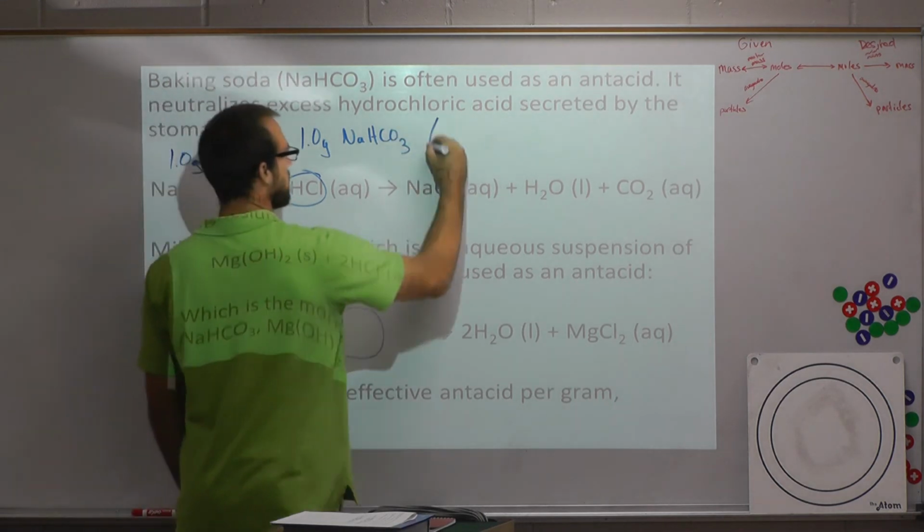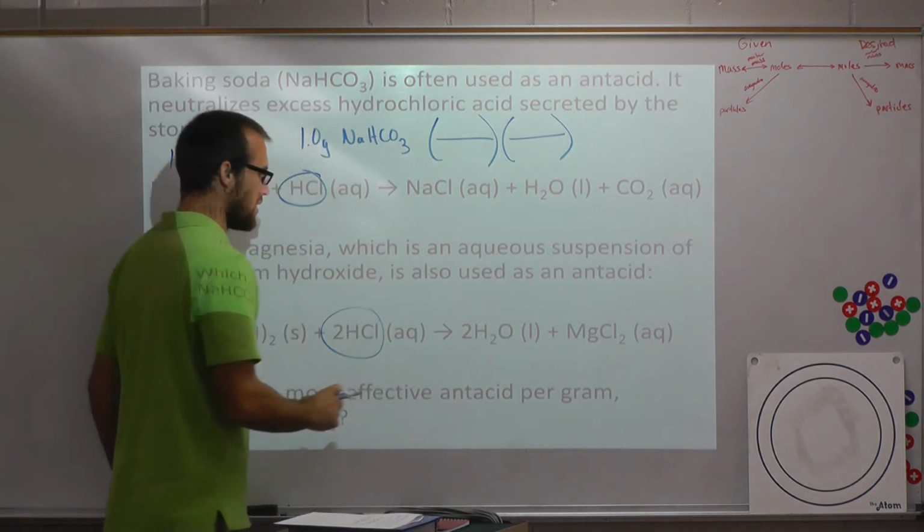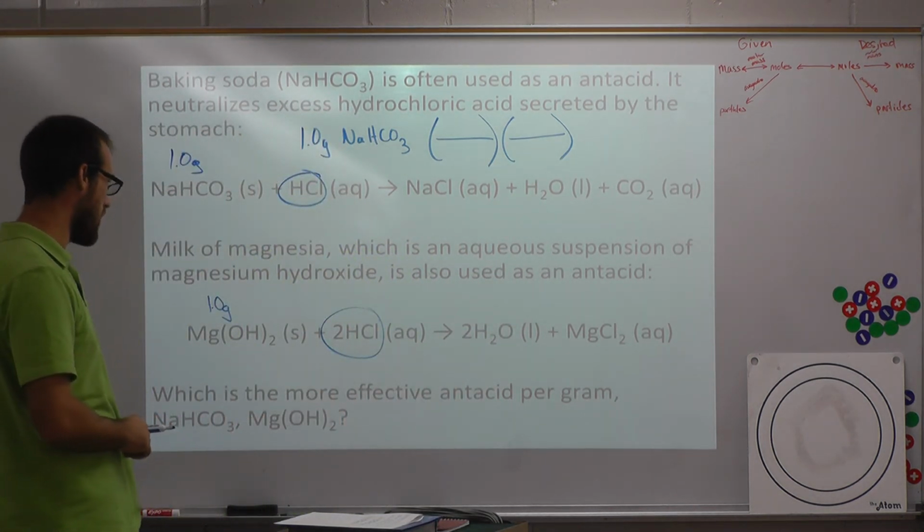NaHCO3. I'm just going to do a 2-stepper because it's quicker, and I don't need to go all the way to 3 steps to figure out which one will be more effective per gram.